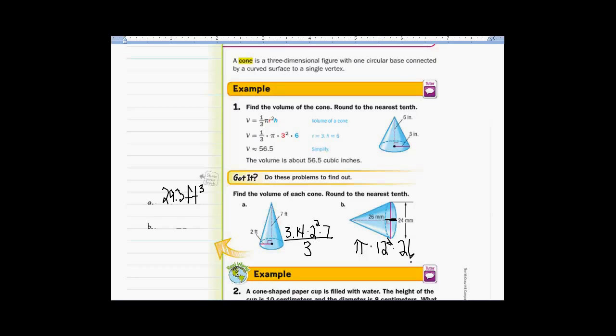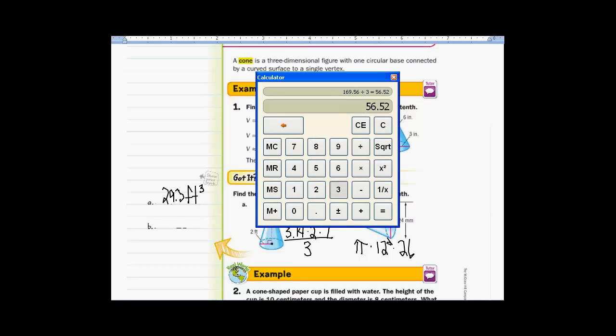So I've got 3.14, and just for our calculator's purposes, 3.14 we're going to use for pi. You may use the pi button if you wish. 3.14 times 12 squared is 12 times 12, which is 144, times the height, which is 26. Now that gives us the whole thing. We only want the cone. Divide by 3. 3,918.7 if you're using 3.14.